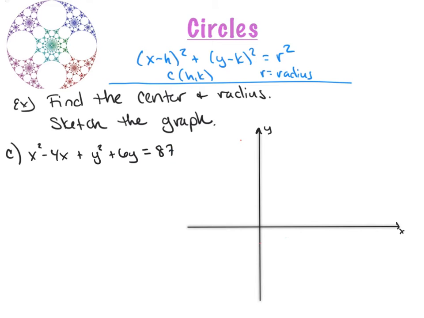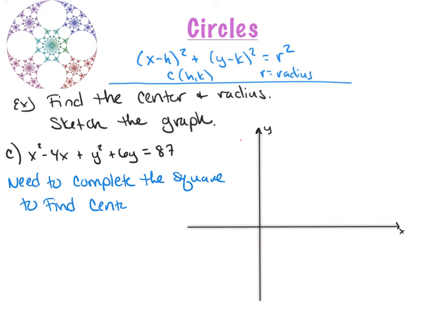And 87 is not going to be the square root or our radius squared. So here's what we need to do. We need to complete the square in order to find the center and the radius.